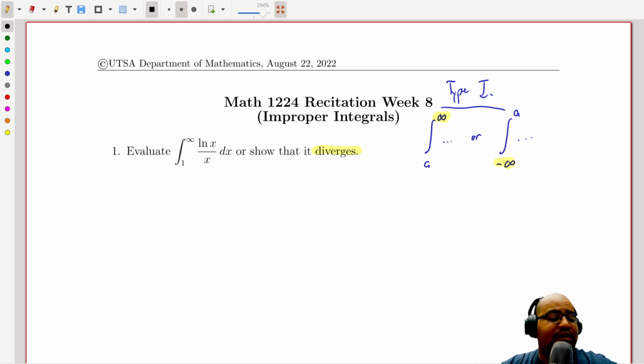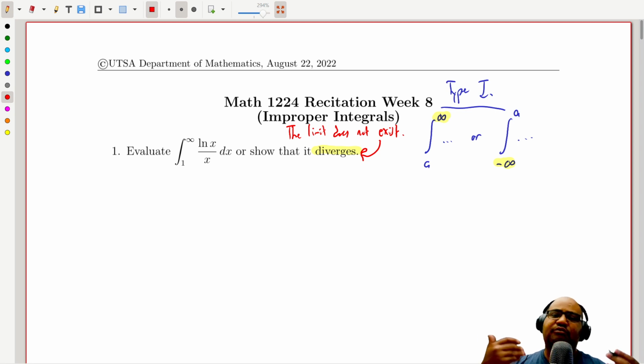Here, divergent means the limit does not exist. Otherwise, we say that the integral is convergent and we assign it whatever value the limit is.